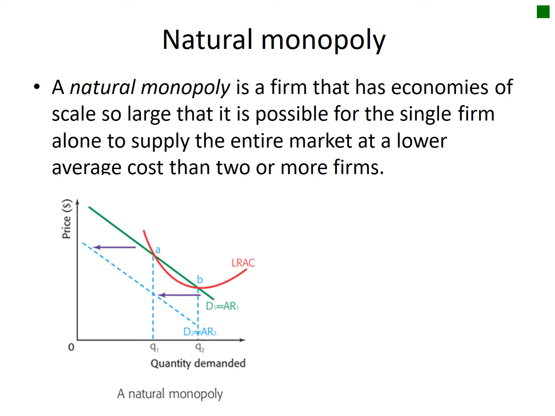So a natural monopoly. Remember, in plain English, it makes sense to only have one firm dominating the market, and they can have economies of scale so large that it's possible for the single firm alone to supply the entire market at a lower average cost than two or more firms.